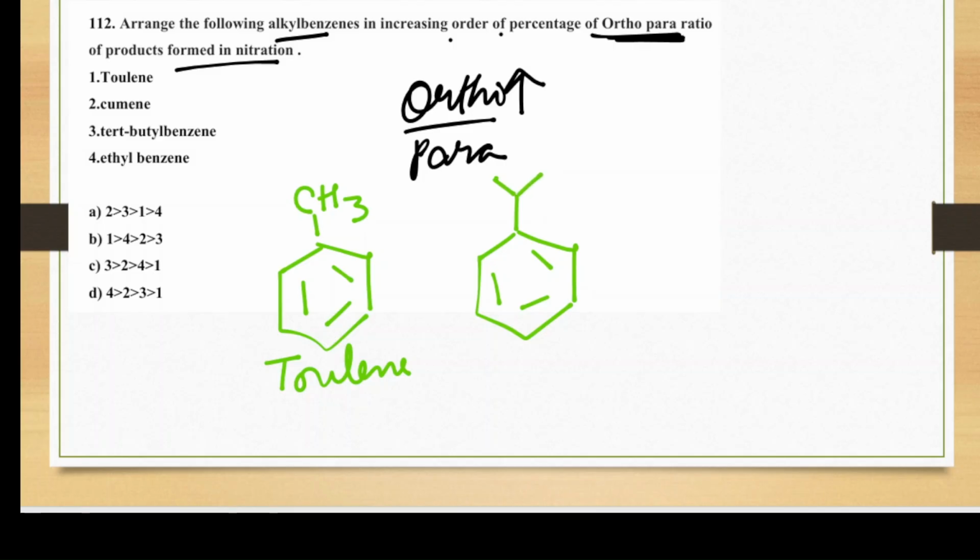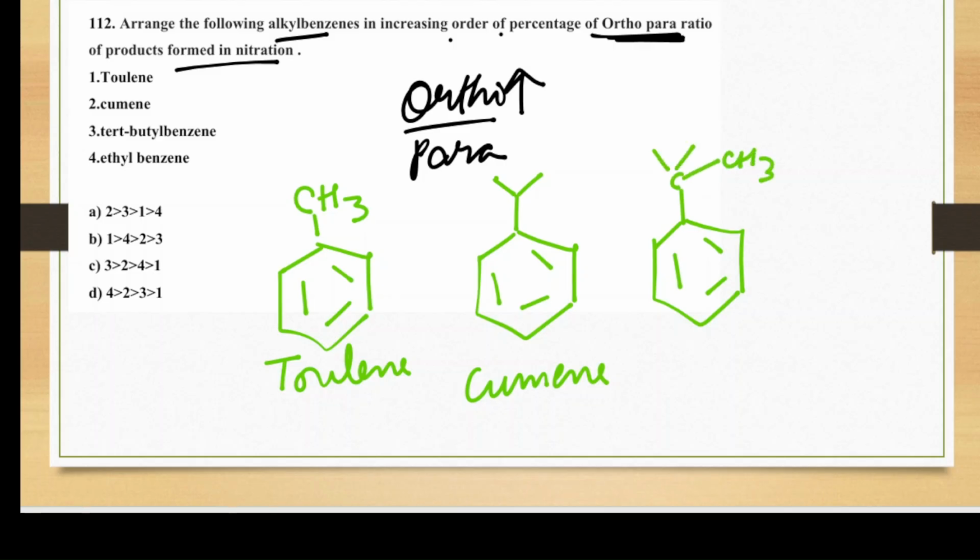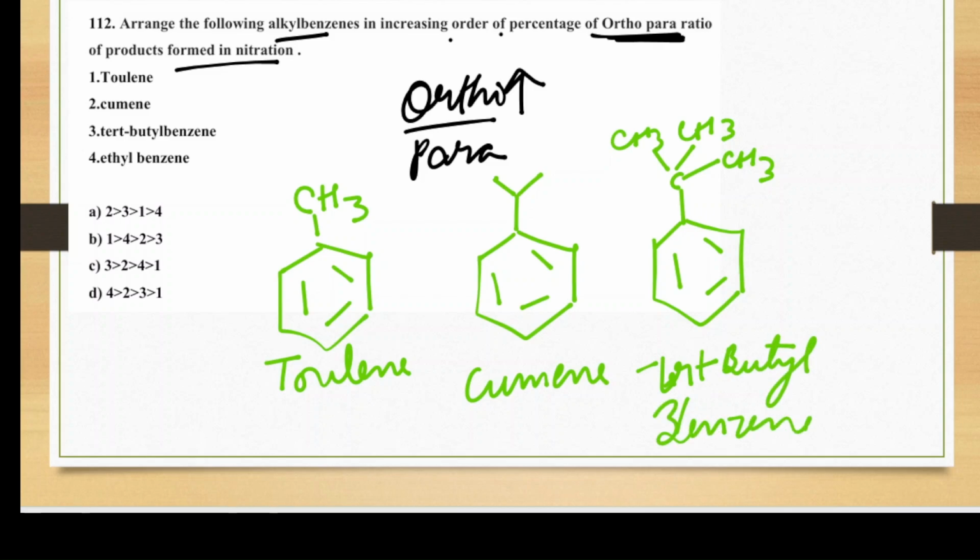Next is tertiary butyl benzene, in which the carbon center is tertiary. Next we have ethyl benzene, with CH2CH3 attached.